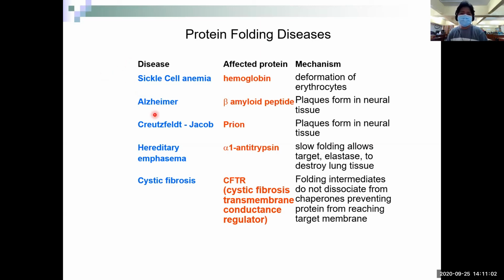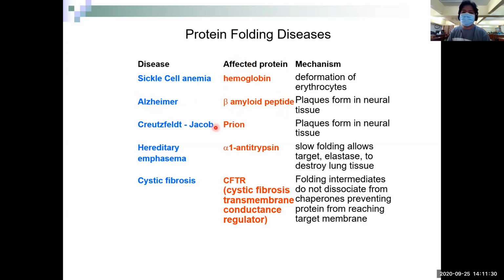Then we have also Alzheimer's. Alzheimer's disease is due to the deformation of the protein called beta amyloid peptide. It can cause plaques in neural tissues.